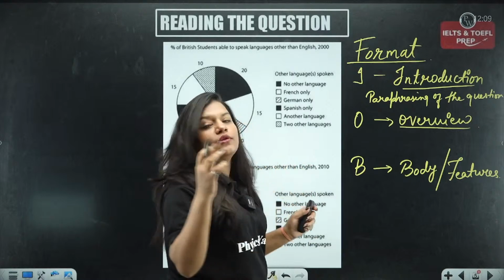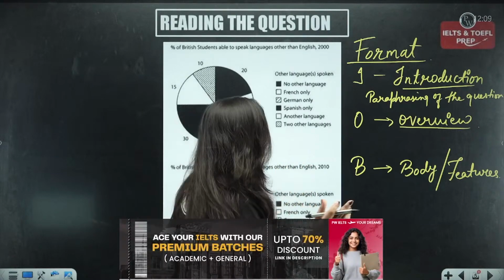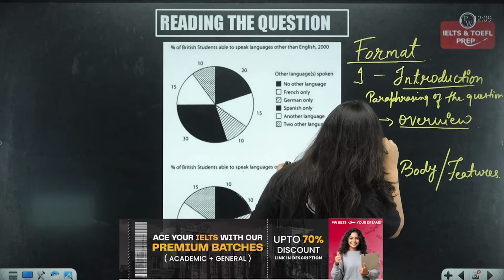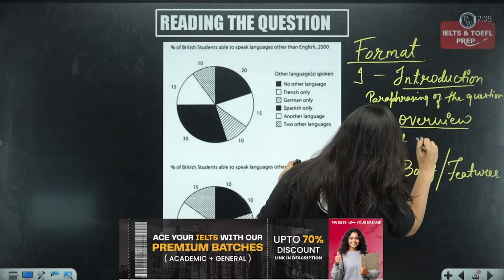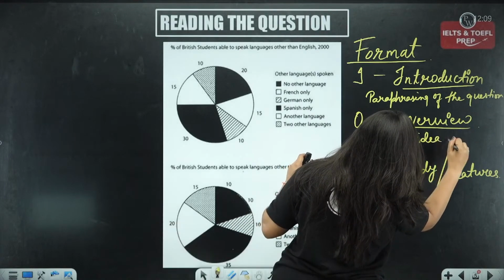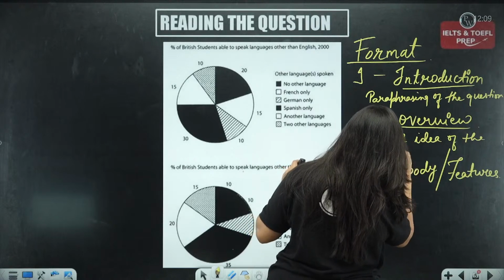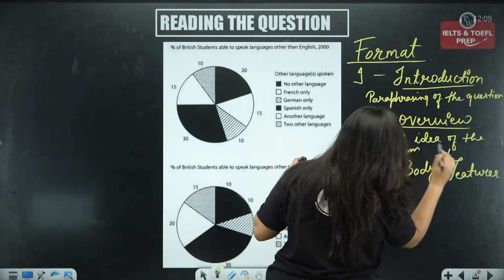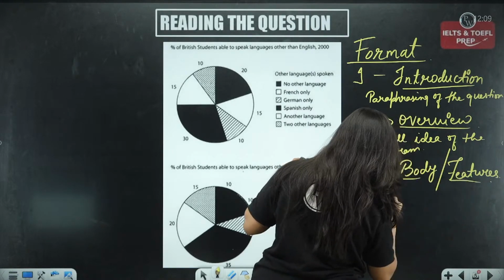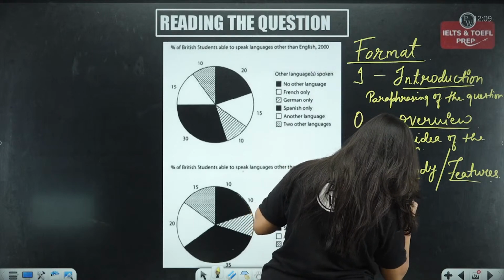If you're not familiar with the diagram, definitely you will not be able to write an overview. Overview is an overall idea of the diagram, right? And definitely the body is related to the detailed description.